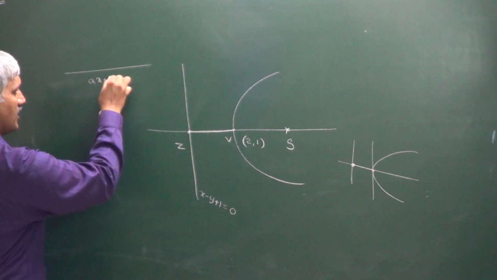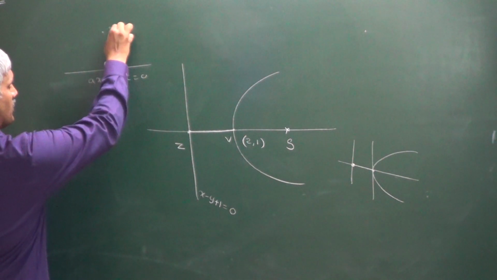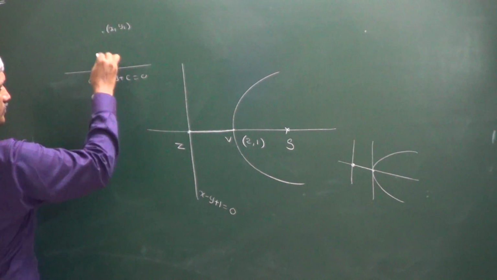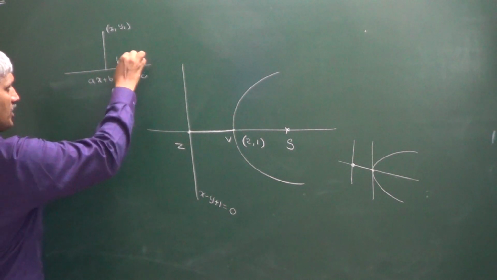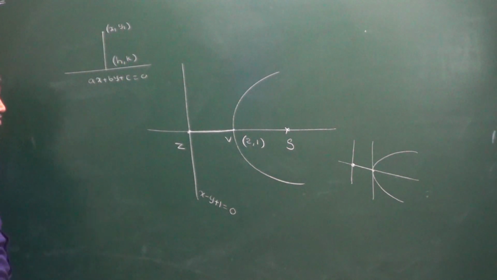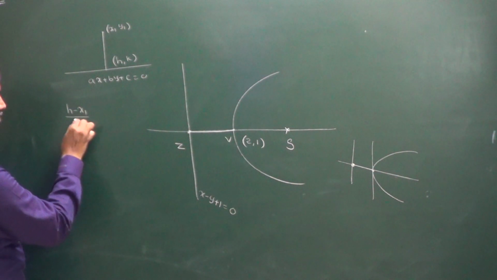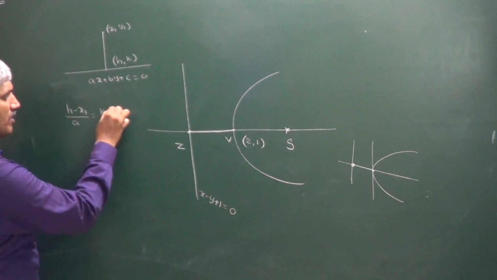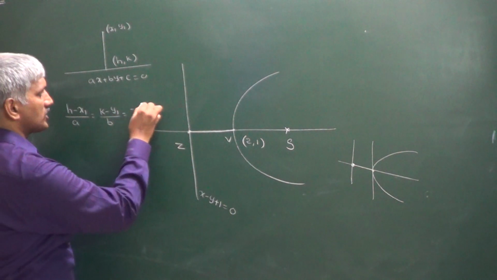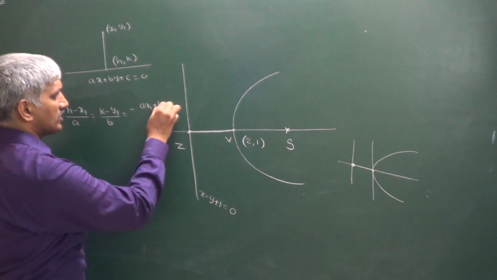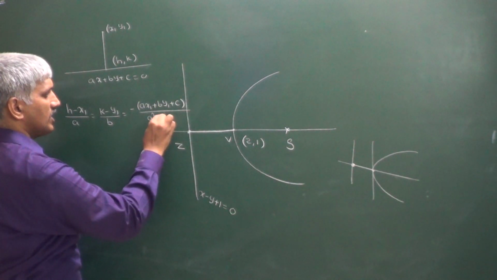Take the line ax plus by plus c equals 0, and a point (x1, y1) is given, from which a perpendicular is drawn to the line. If the foot is (h, k), how do we find it? (h minus x1) divided by a equals (k minus y1) divided by b equals minus of (ax1 plus by1 plus c) divided by (a square plus b square).